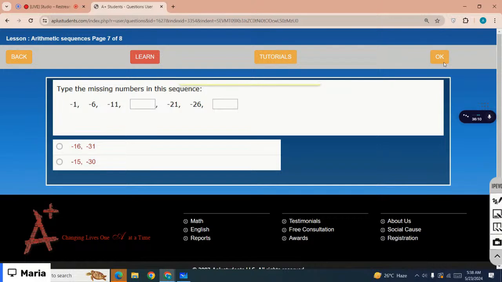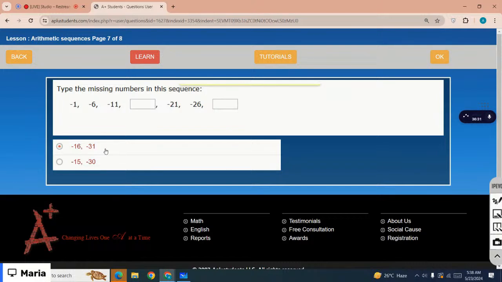Type the missing number in the sequence. So which number is missing? The pattern is increasing by 5, right? So negative 11, negative 5 is negative 16, and negative 31 is the correct option.